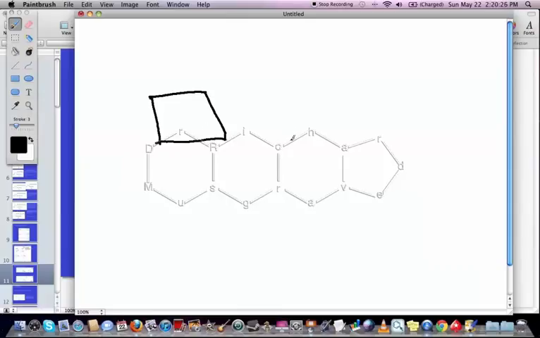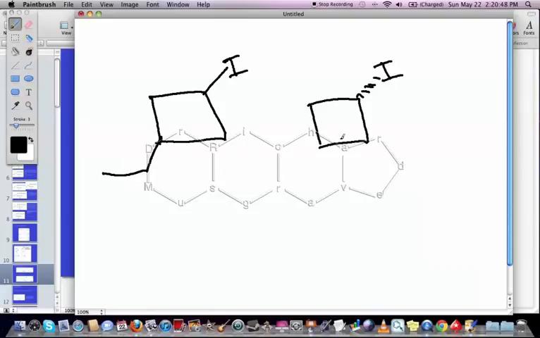So you've got a cyclobutane ring, and we'll put an iodine up here, and we'll put an ethyl group down here. Now we need to draw the cis and trans isomers. We'll draw the trans first. Now trans, what I'll do is I'll put the I sticking back, and now the ethyl group will be sticking upwards.